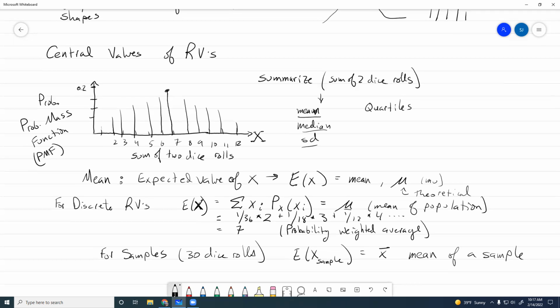So we're going to go back and forth between mu and x bar a lot. Mu means the theory, which is 7. But if you did 30 dice rolls and took the average, you probably wouldn't get exactly 7. It's probably close to 7, but it might be like 7.5, right? So that's why we say x bar, the mean of the sample.